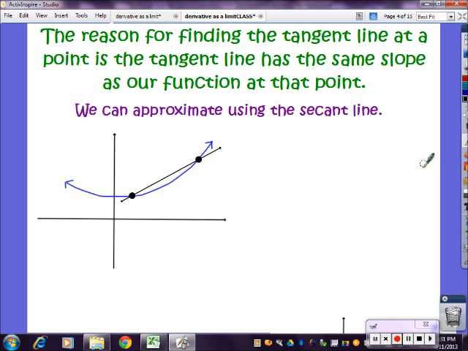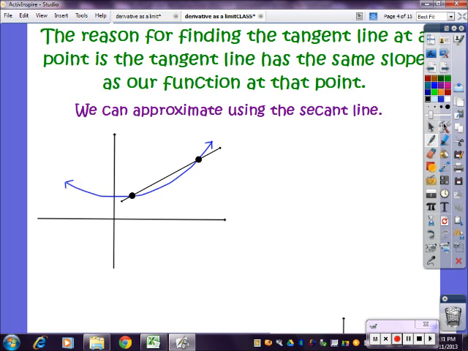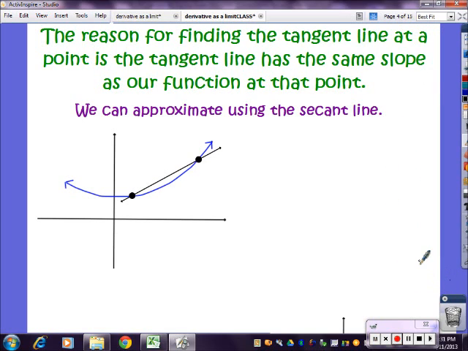So let's do that. We're going to use a lot of notation here in order to create a general formula. We'll start with notation that you're probably familiar with, and then modify it so that it'll be the notation you'll see in your textbook. First, let's say this point is x1, y1, and this point is x2, y2.